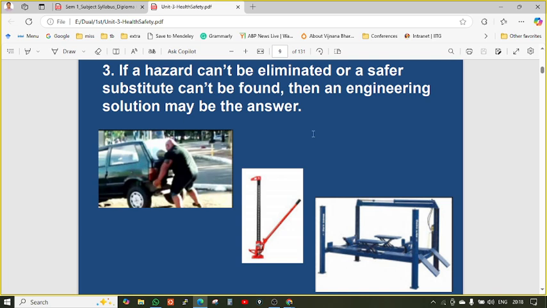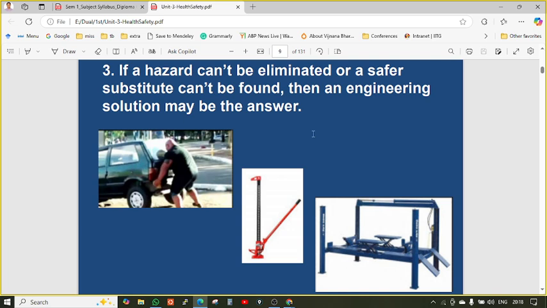That is using tools and techniques to do the work. That is called engineering control. You use mechanical tools or experienced persons or some equipment to do that work.